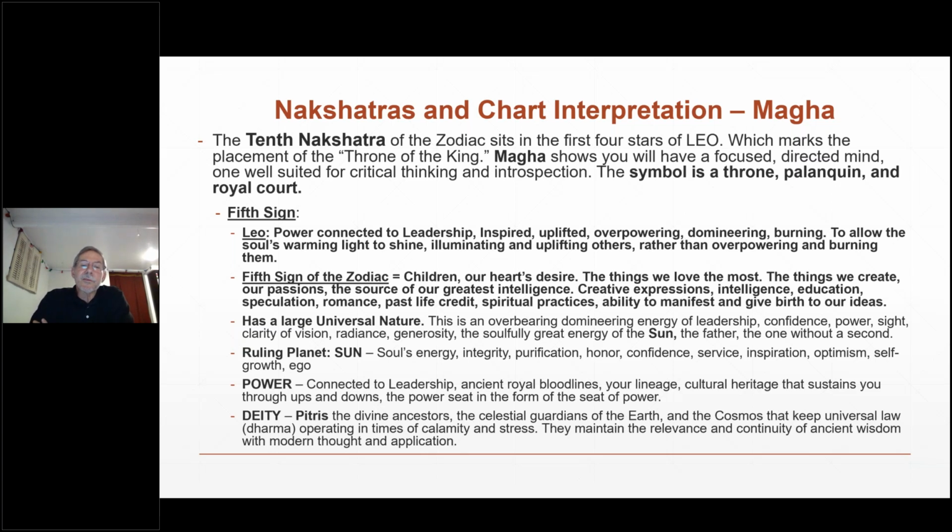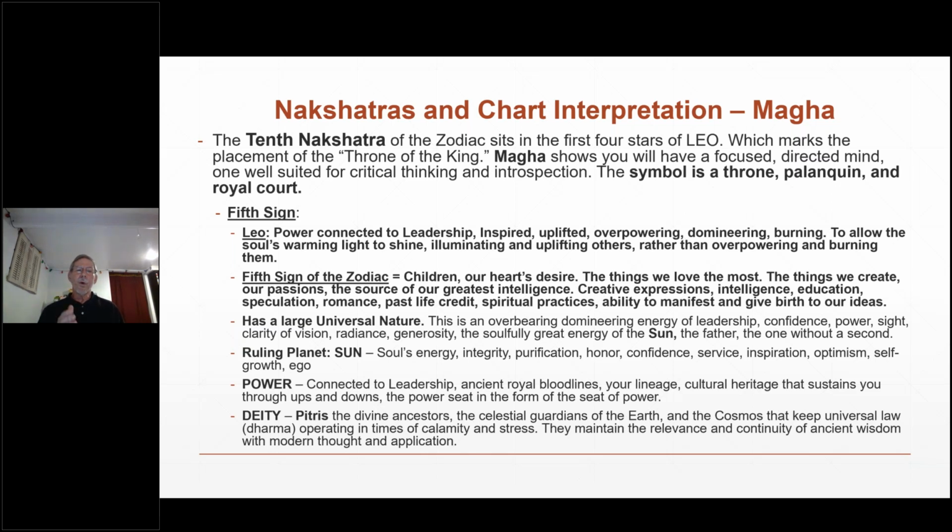And with the Pitris as the divine ancestors, they're also the celestial guardians of the earth and the cosmos that keep all the universal laws of Dharma operating in times of calamity and stress. When you're running a kingdom, there's always going to be ups and downs. It impacts the whole world.